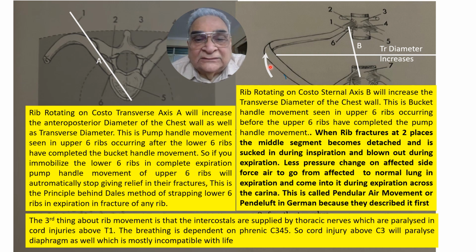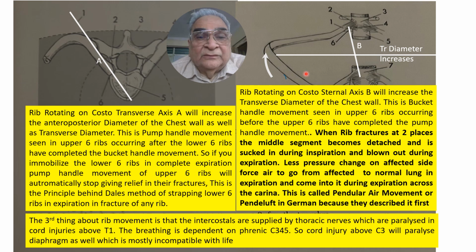Now, since the lower six ribs must move first and then the upper six ribs will move, regardless of where the fracture is, if you immobilize the lower six ribs in expiration, then the upper six ribs will become automatically immobilized. Thus, this is the principle of treating fracture rib, which is called Dale's method of strapping of the lower six ribs in expiration, regardless of where the fracture of the rib is.